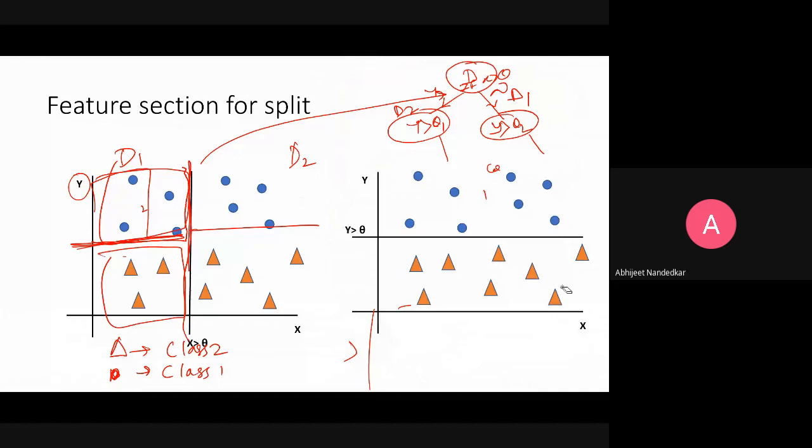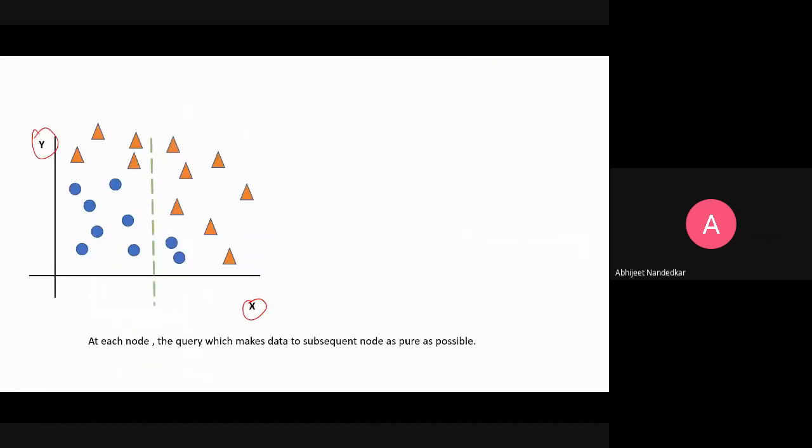So this was separable with a line which is parallel to the x-axis. Now here it is not possible to draw a line which is parallel to the x-axis or y-axis and then divide the data into two halves, because my problem is different.